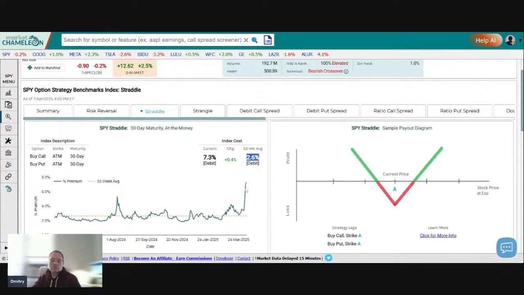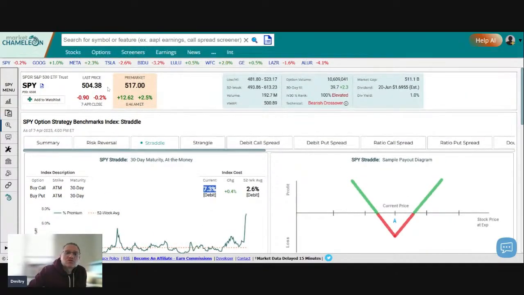So you could see here that we spiked up here too, right? But here you could see that you're risking more, because your premium, instead of paying 3.4%, let's just say 3% of the spot price, whatever it is, $15, $16, $17, you're paying 7% of the stock price, right?